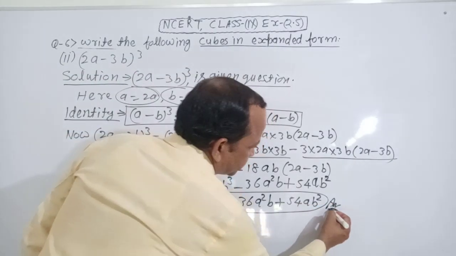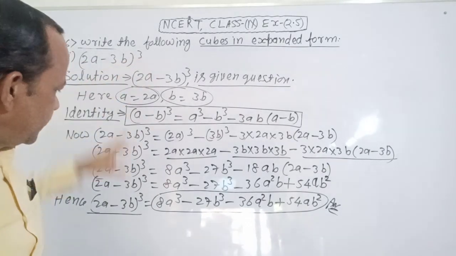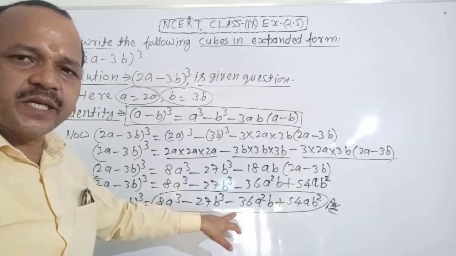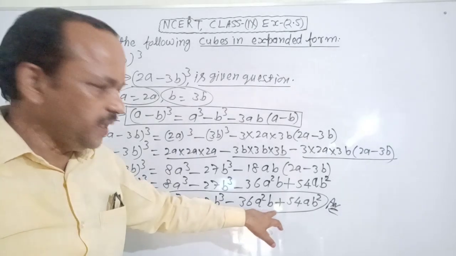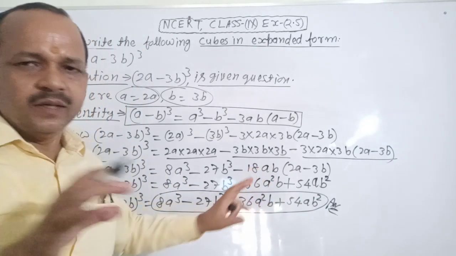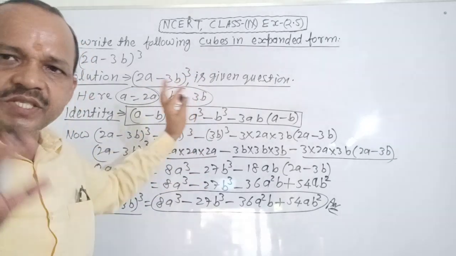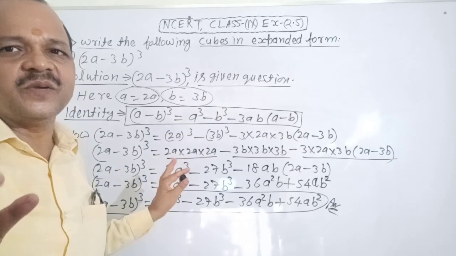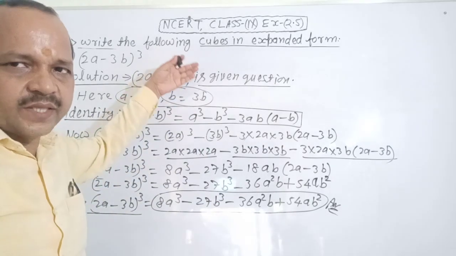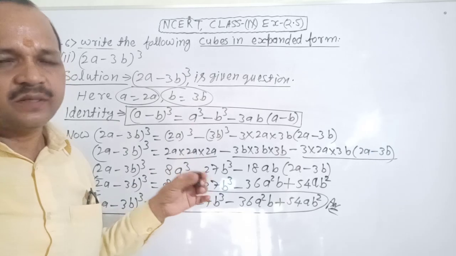You expand (2a minus 3b) whole cube and you find your answer: 8a cube minus 27b cube minus 36a square b plus 54ab square. Solution is clear, identity is clear. It is very easy. You can solve any question with the help of this solution and this identity. It is clear, no confusion about it.